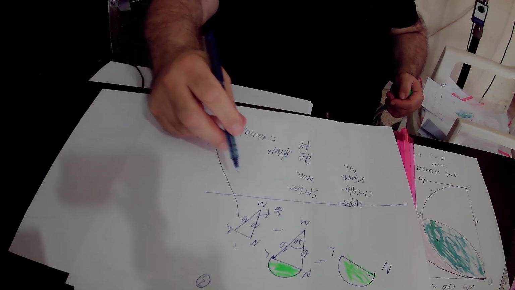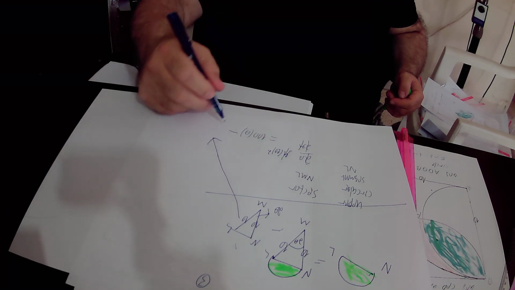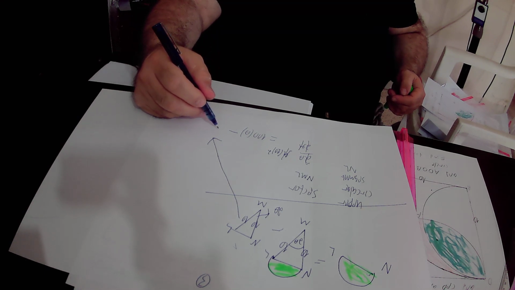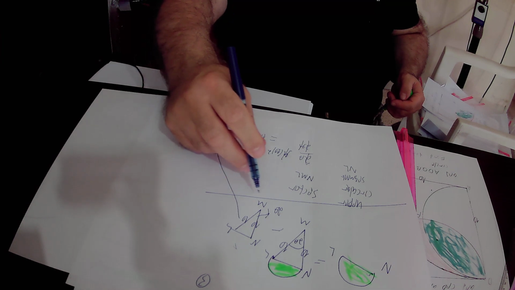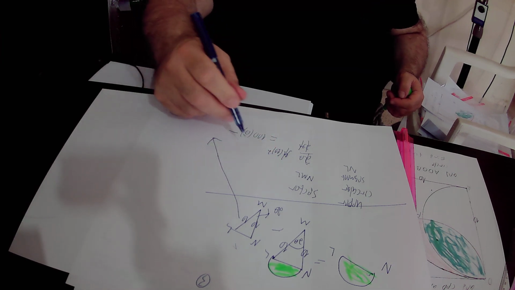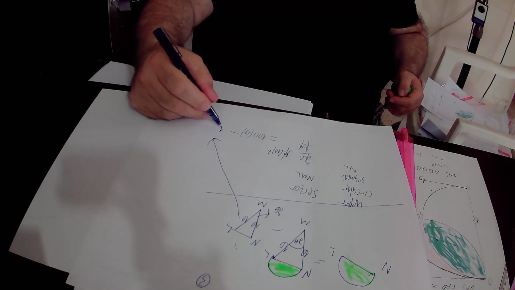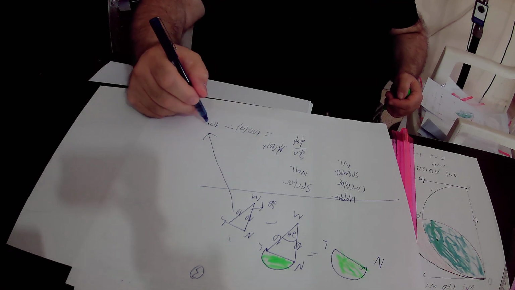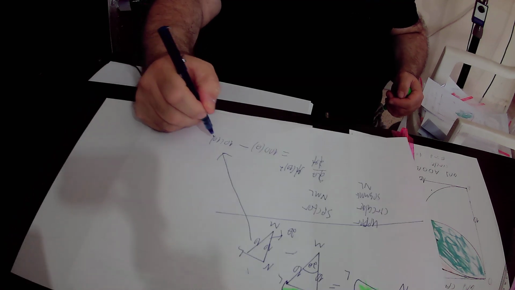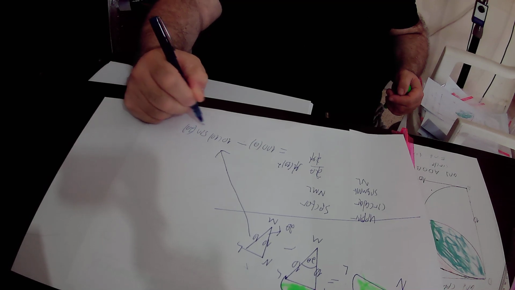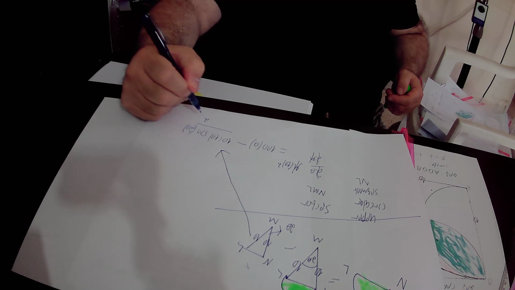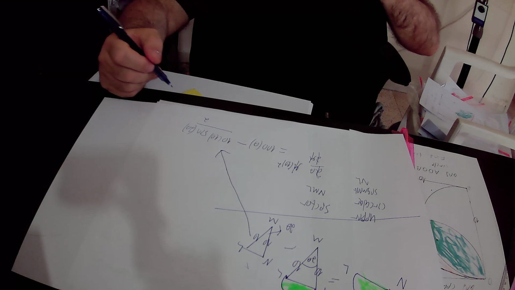Therefore, the area of triangle NML will be equal to NM times ML times sine 2 theta over 2. NM is 10, ML is also 10, times sine 2 theta over 2. Okay?